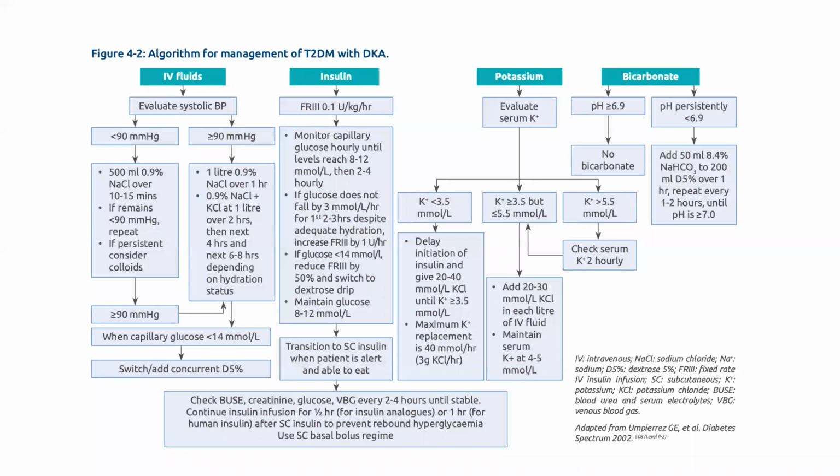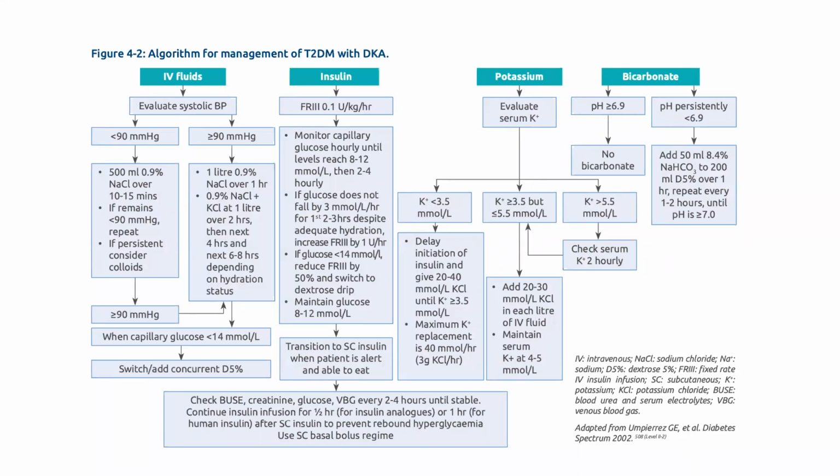All right. So we evaluate the serum K depending on the level. If the potassium level is less than 3.5, we can consider to give a fast correction of potassium. But if the potassium range is between 3.5 to 5.5, you can add potassium in your maintenance fluids, and also to maintain it around 4 to 5 millimole per liter.